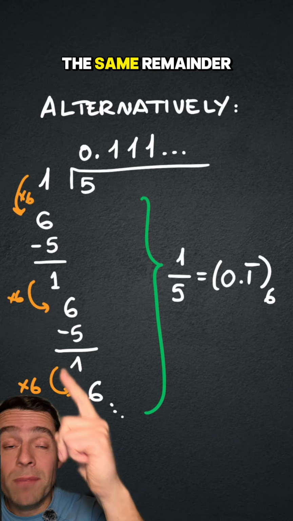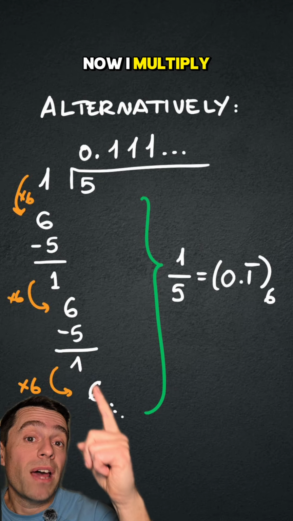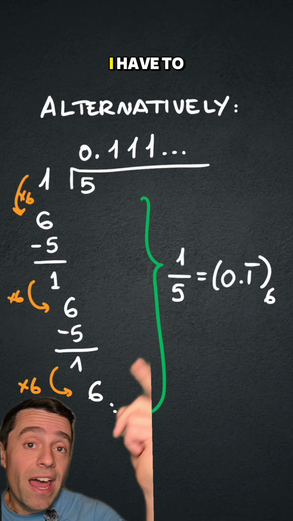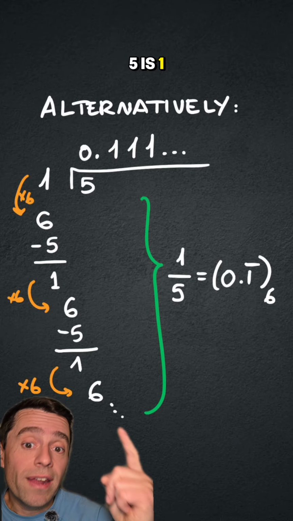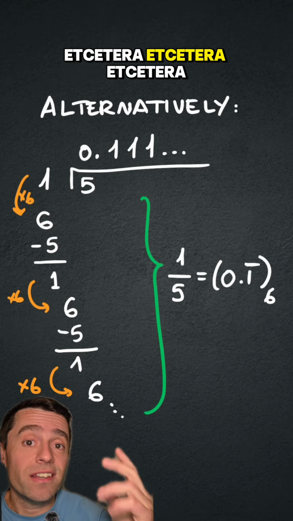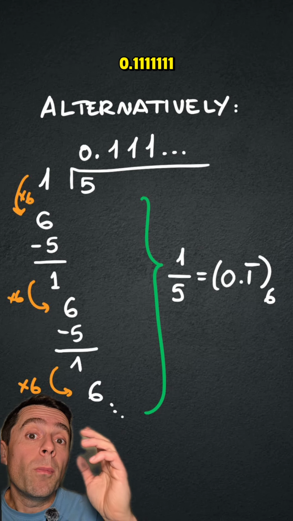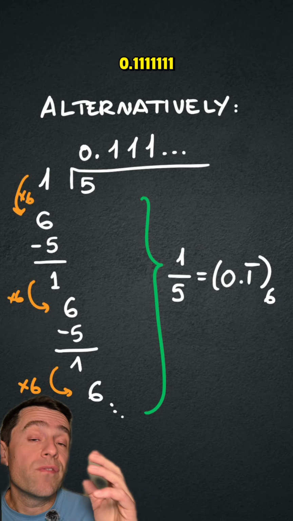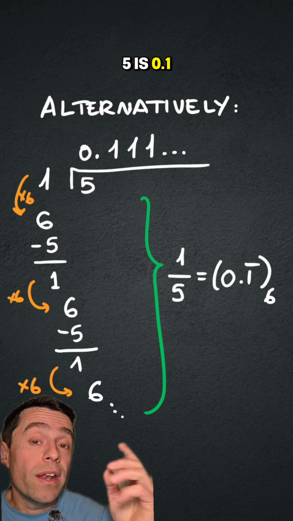Now I get the same remainder that I started from, so everything is going to repeat. Now I multiply 1 by 6, I get 6, I subtract 5, so 6 minus 5 is 1, and then multiply by 6, etc., and that tells me that the expansion will be 0.111111 with infinitely many ones. So the expansion of 1 over 5 is 0.1 periodic.